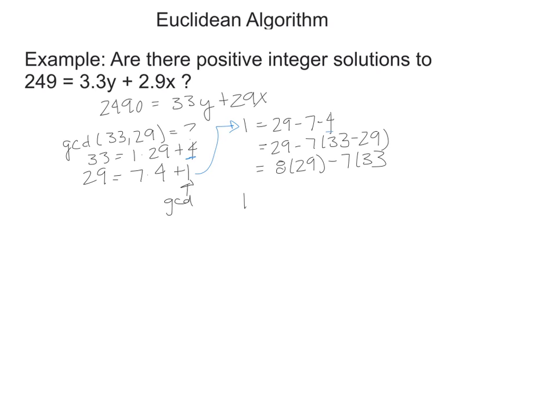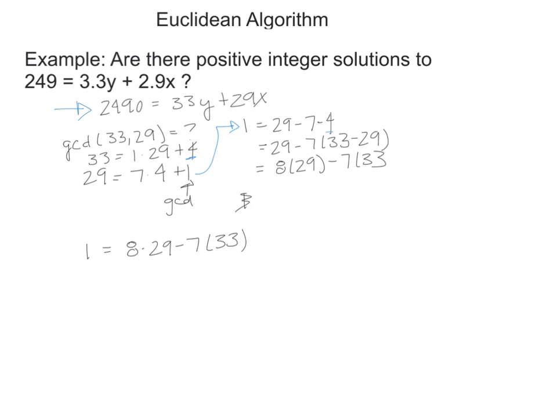So we have 1, let me actually write it over here. We have 1 = 8 times 29 - 7 times 33. The whole reason for doing this is to find a solution to this equation here.